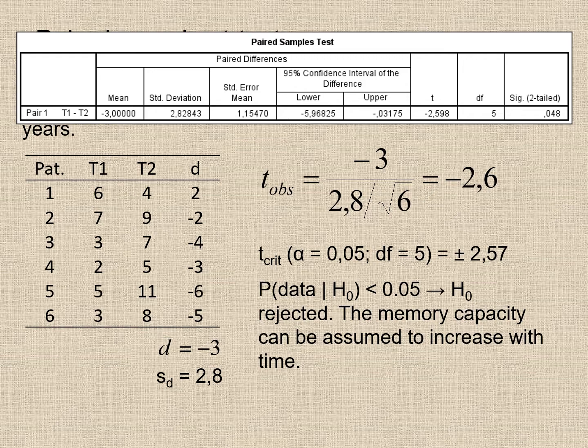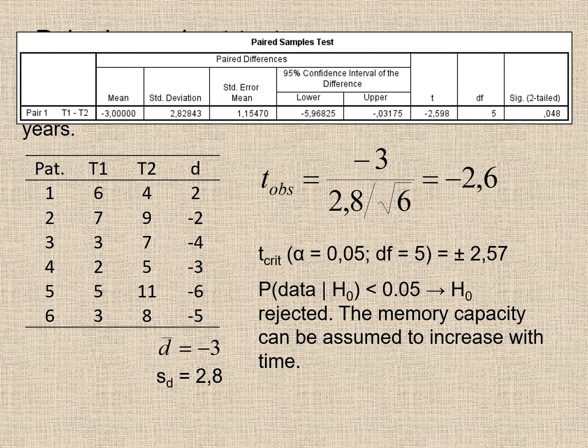That standard error of the difference we would receive if we take our standard deviation 2.8 and divide it by the square root of the sample size, square root of 6. So it's exactly the same thing as we have in the denominator in our formula.